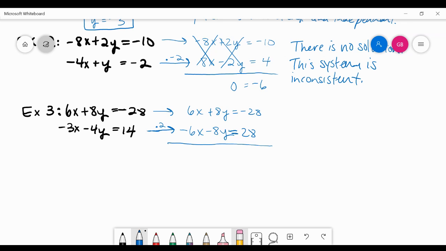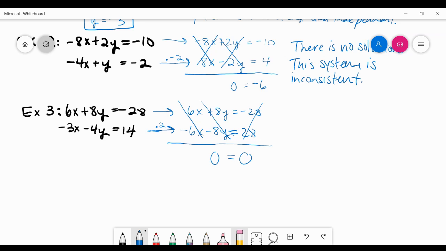6x plus negative 6x, that actually eliminates. 8y plus negative 8y, that also eliminates, so that's 0. And then negative 28 and positive 28 also eliminates, so 0 equals 0. So this one is a true statement at the end. We eliminated both variables, and we have a true equation.